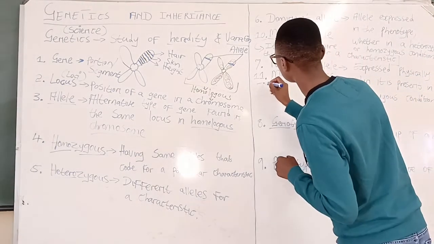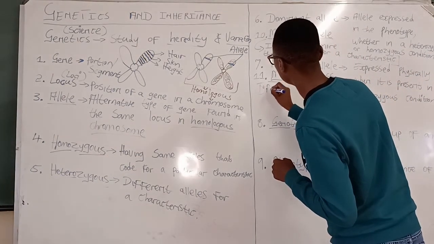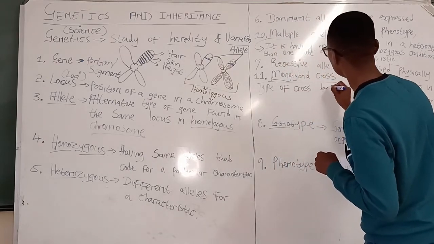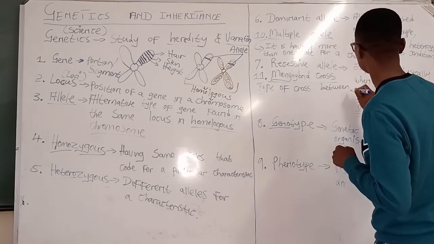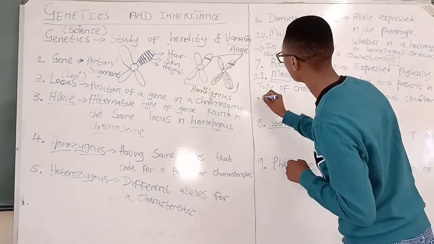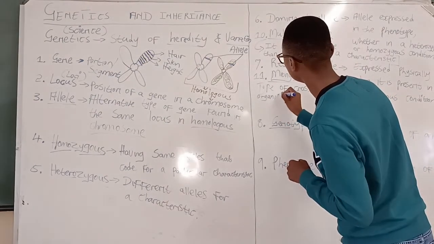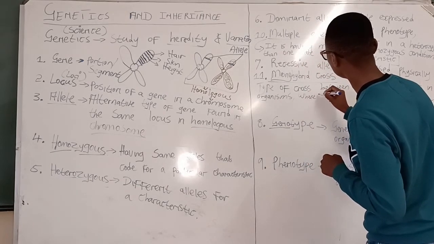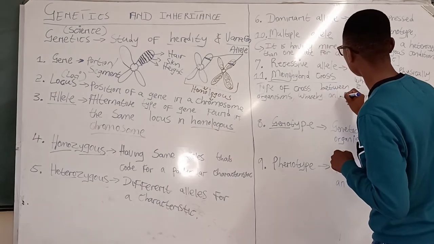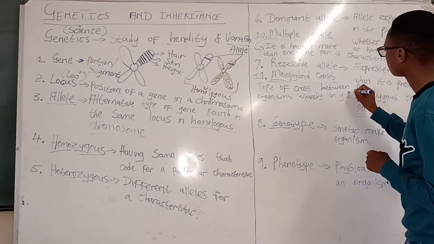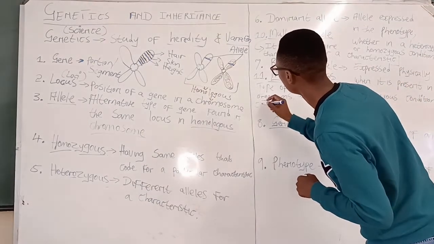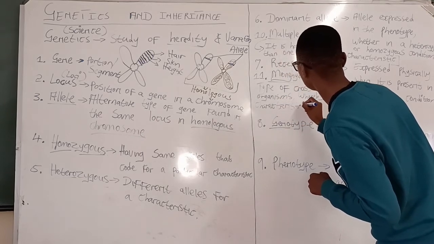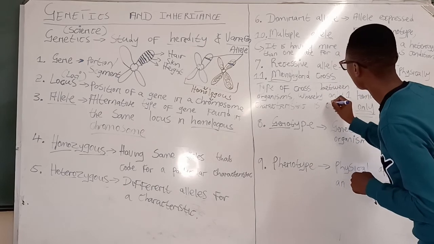So this one is a type of cross between two organisms, whereby only one characteristic is considered.